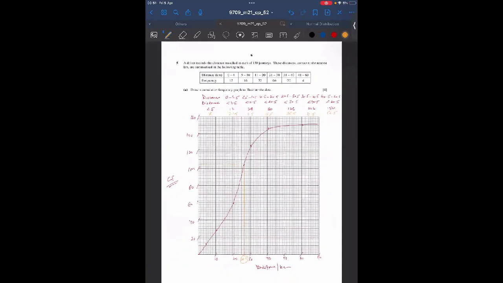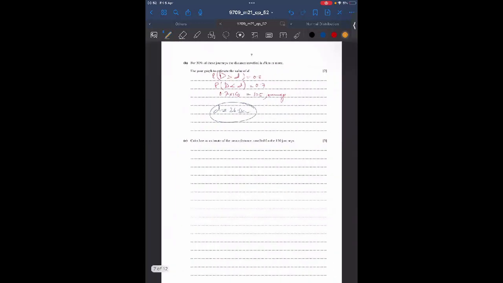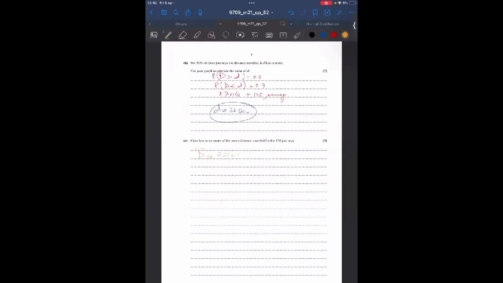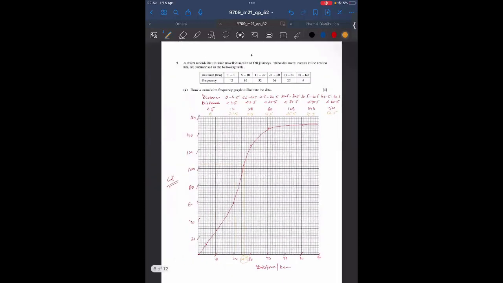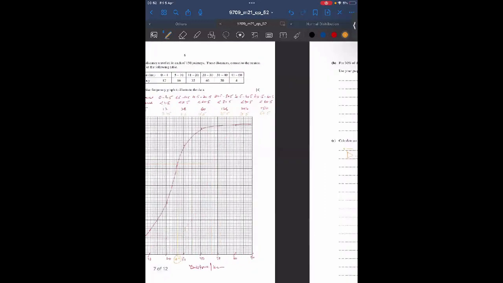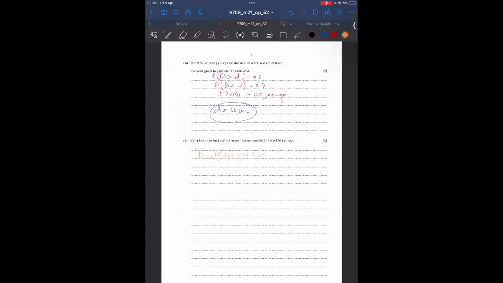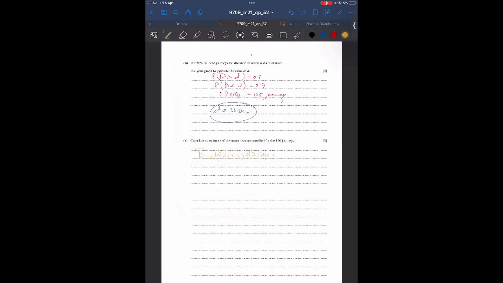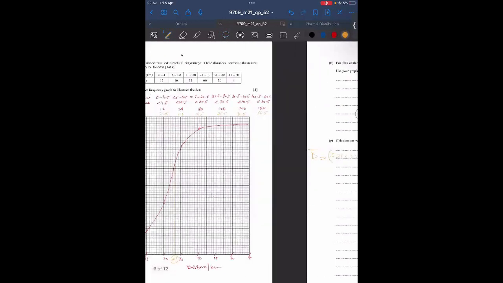All right, to calculate the mean, how do we calculate the mean? The mean distance is going to be 2.25 times 12 plus 7.5 times 16. Then we have 15.5 times how much?